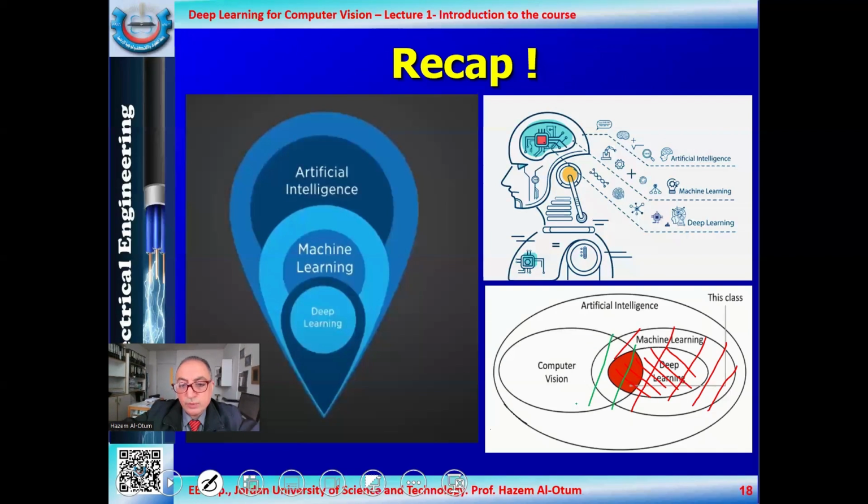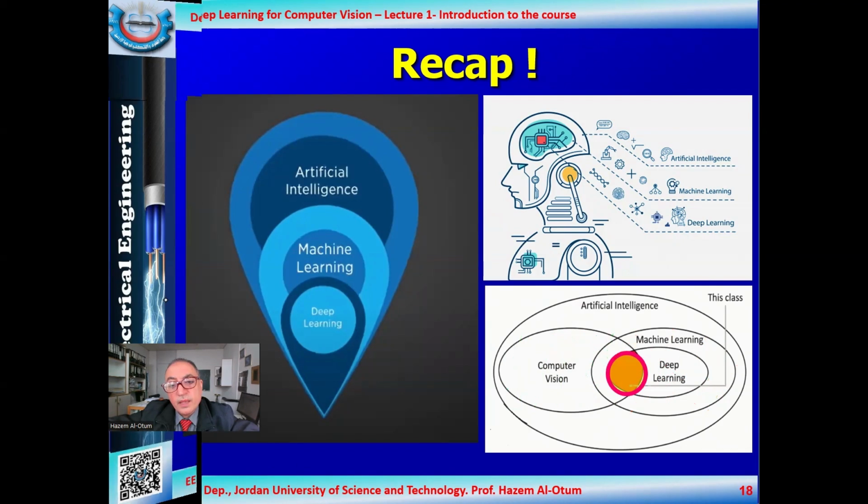Computer vision interacts with machine learning and with deep learning by this part. Finally, the intersection between all these things gives us this red part, which represents deep learning that combines all the topics of machine learning, computer vision, and artificial intelligence. And this is what our class will be focusing on: machine learning for computer vision.